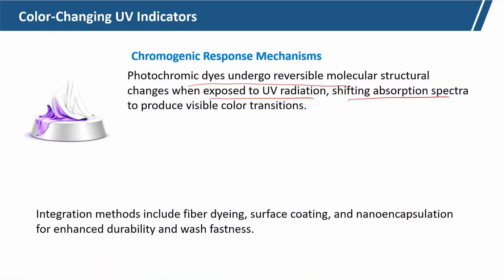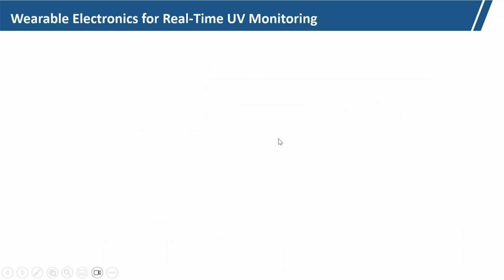We can incorporate this by fiber dyeing, surface coating, micro encapsulation; these types of chemicals we can use to incorporate the dye in the textile structure.